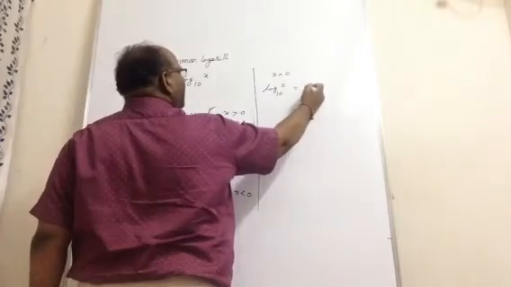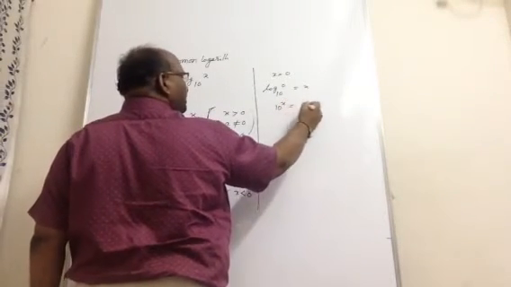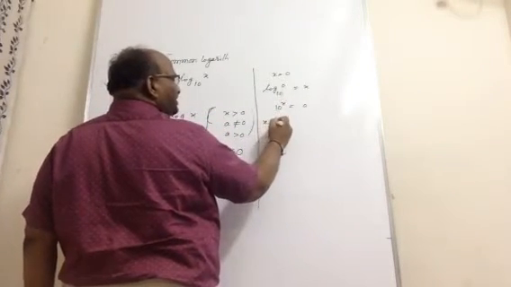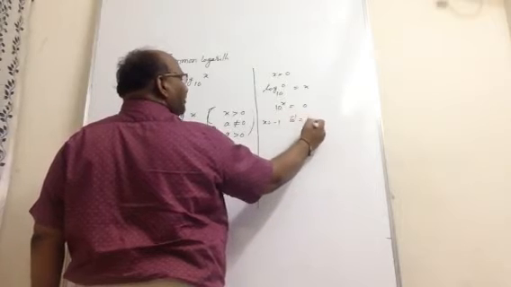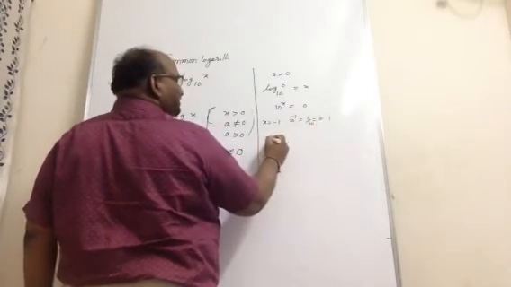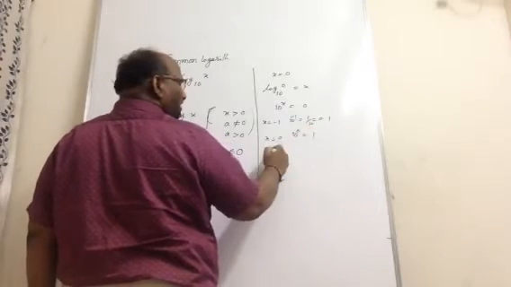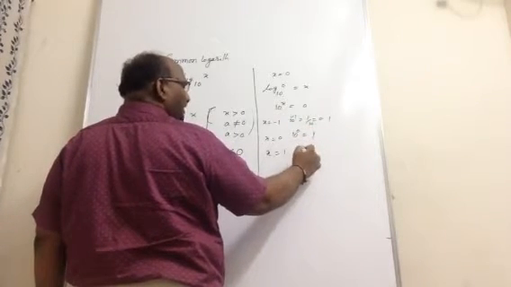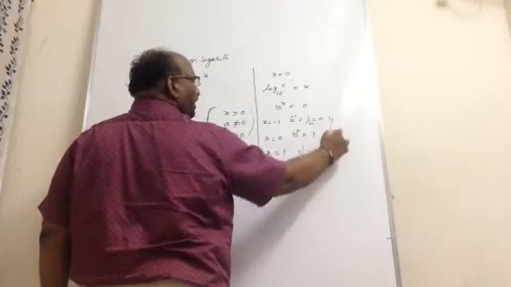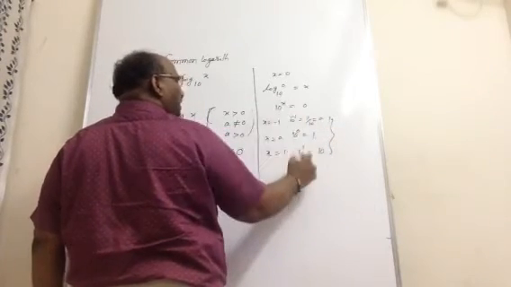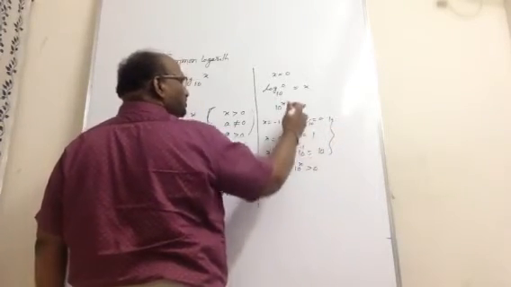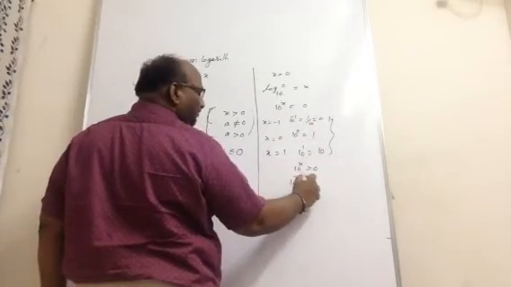Say it is something, 10 power x must be 0. x is minus 1, 1 by 10. x is 0, negative numbers, all positive. x is 1 or 2, doesn't matter. The output of 10 power x is always positive. That means 10 power x is never 0.